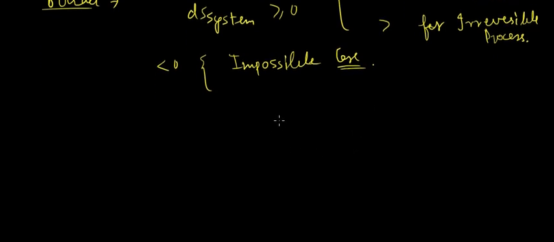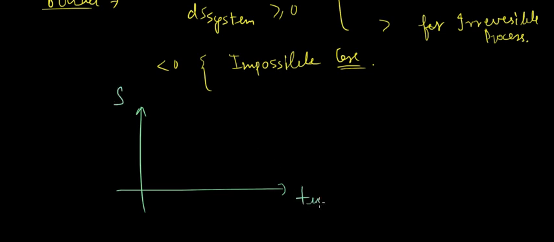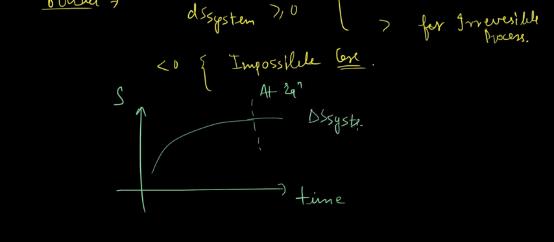If you look at the graph of entropy versus time, then we can have something like this. So this is entropy versus time. We'll be having something like this. So this condition is at equilibrium, where delta S of system would be equal to 0, or simply S of system is constant.